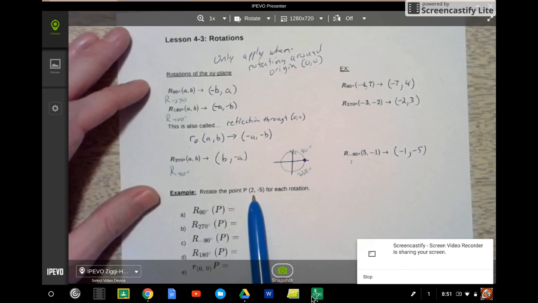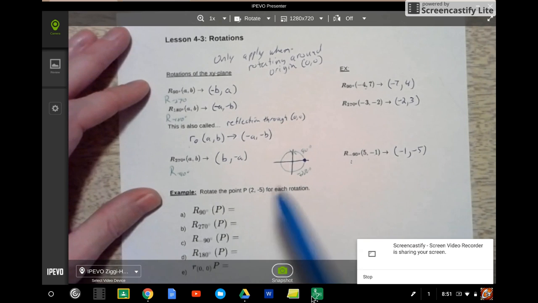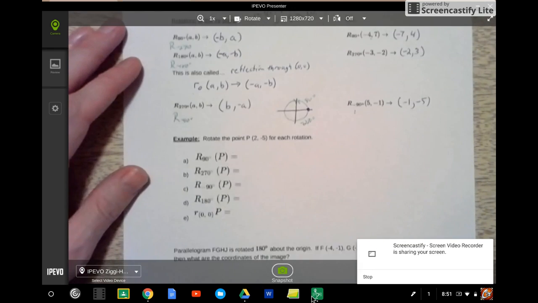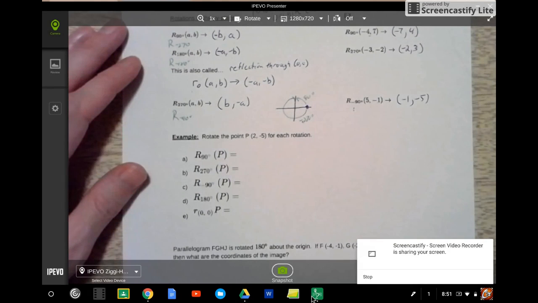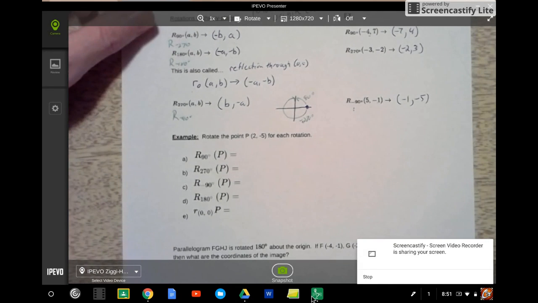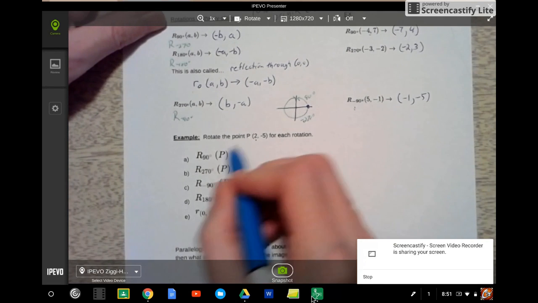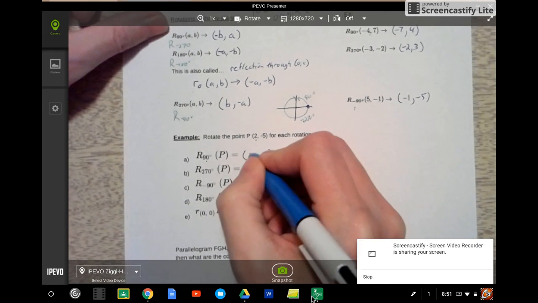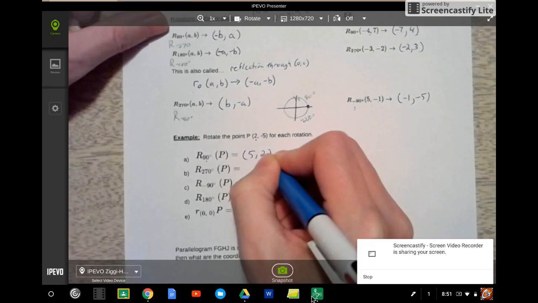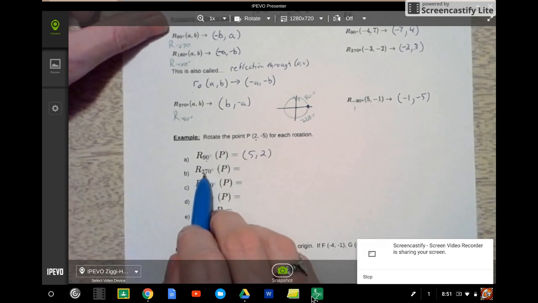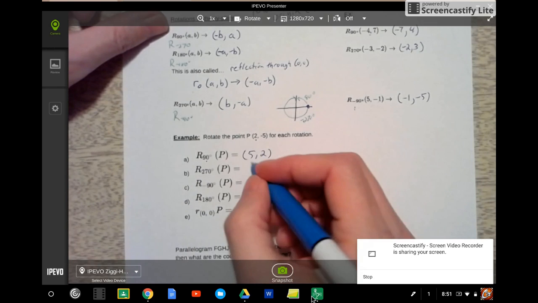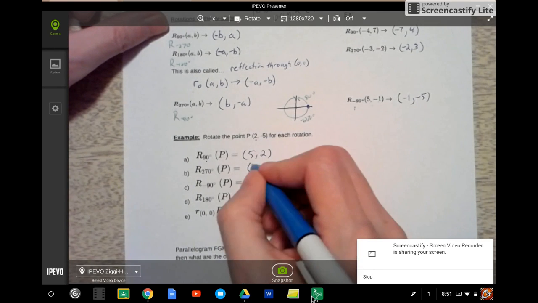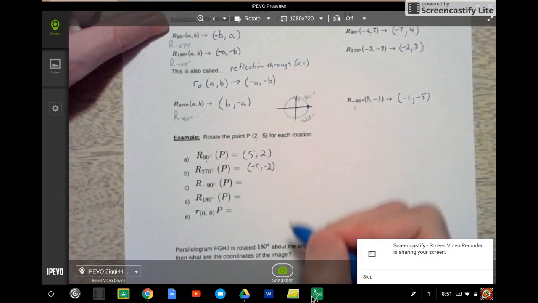So some quick examples. Let's take this point P, (2, negative 5), and I want you to rotate all of these. Give that a shot real quick. All right, so let's go over our answers. We were at the (2, negative 5), 90 degrees, so I swap them and make my new first one the opposite. There we go. 270, so I swap them and make the new second one my opposite.